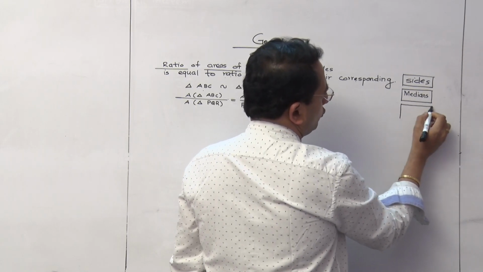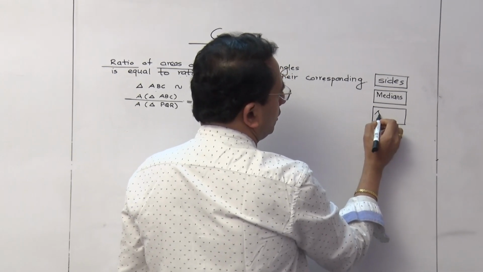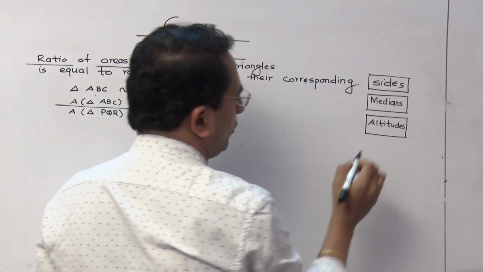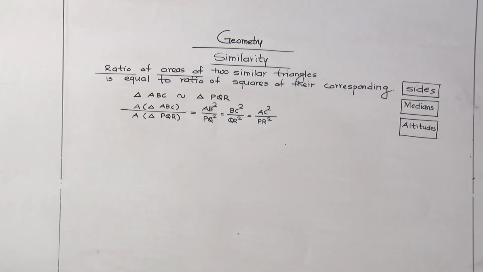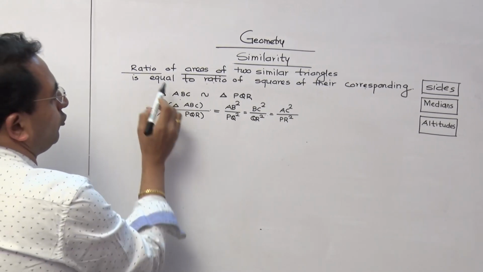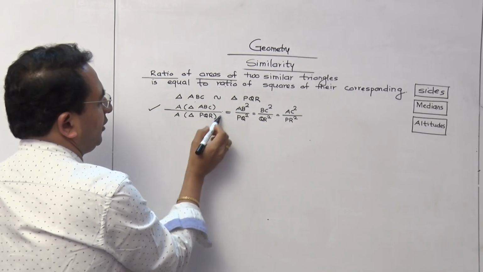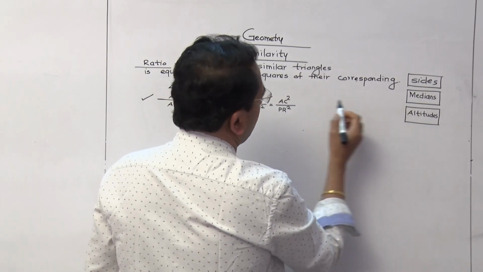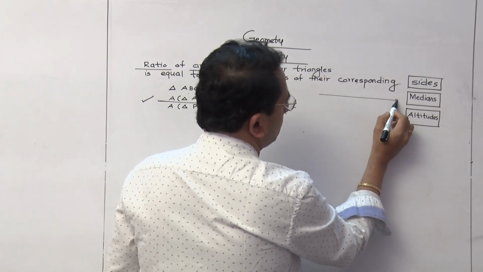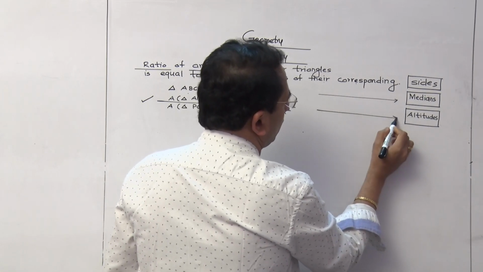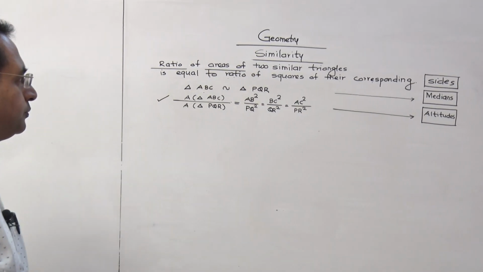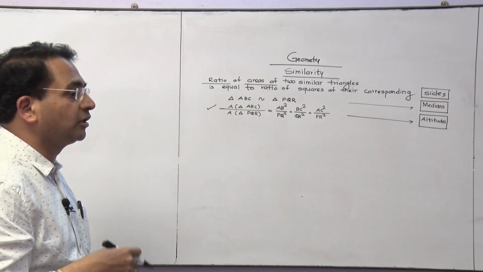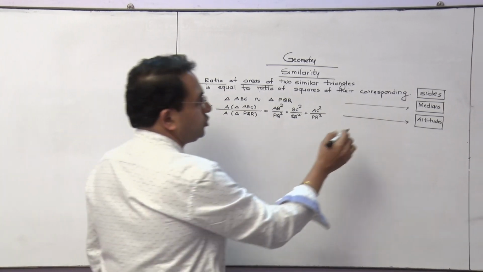They can also use, this is there in the textbook, the ratio of their corresponding altitudes. Remember one thing, the statement you have written for squares of their corresponding sides is similarly applicable for medians, and also applicable for altitudes. Please try to remember this because it is a question you cannot compromise on.